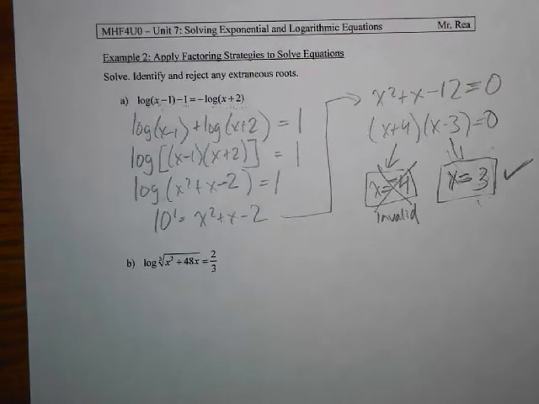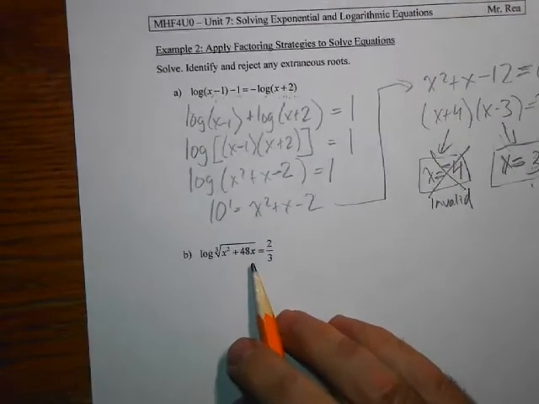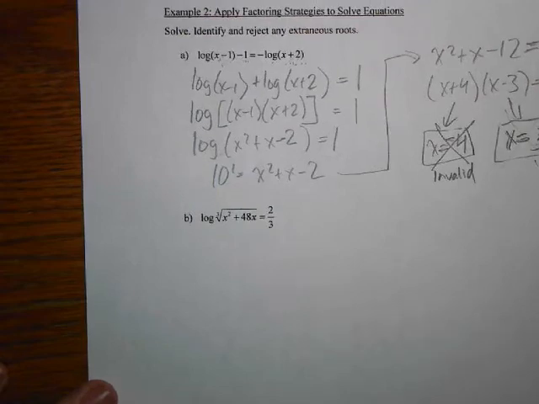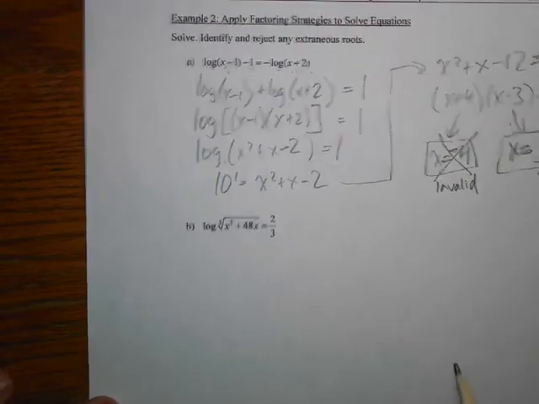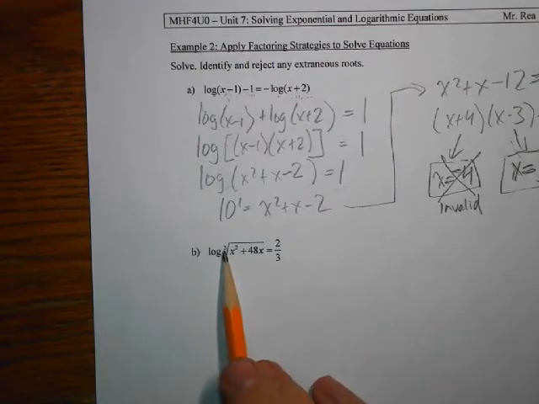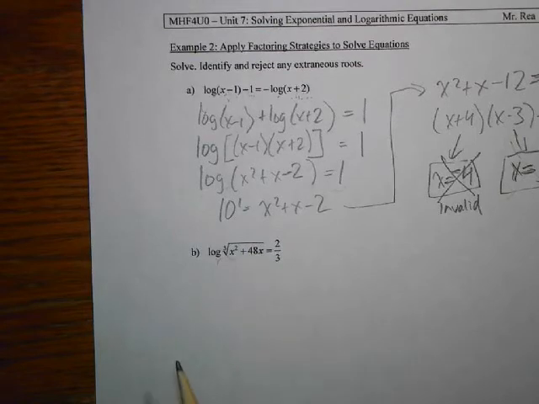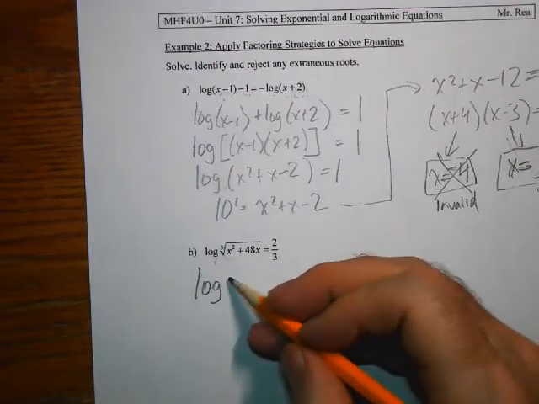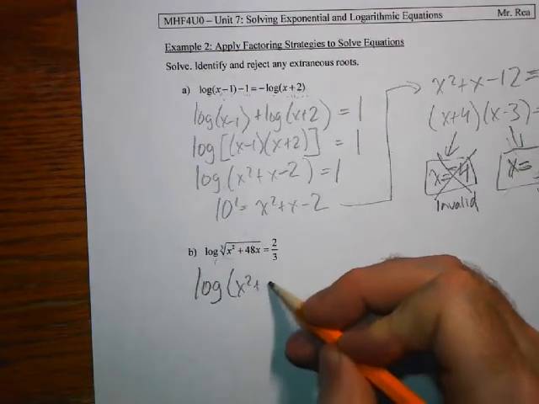Okay. One more question. This one looks a lot more complicated, but with a little patience and some technique, we'll get through it. So I've got the log of the cube root of this is equal to 2/3. So the first thing I'm going to do is replace the cube root with a bracket around it.